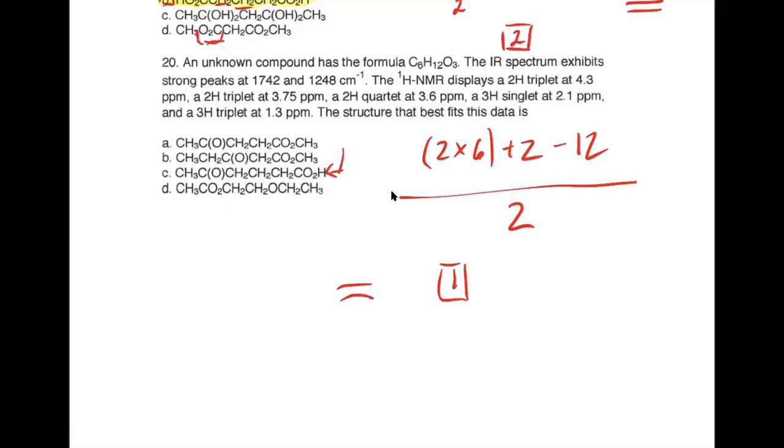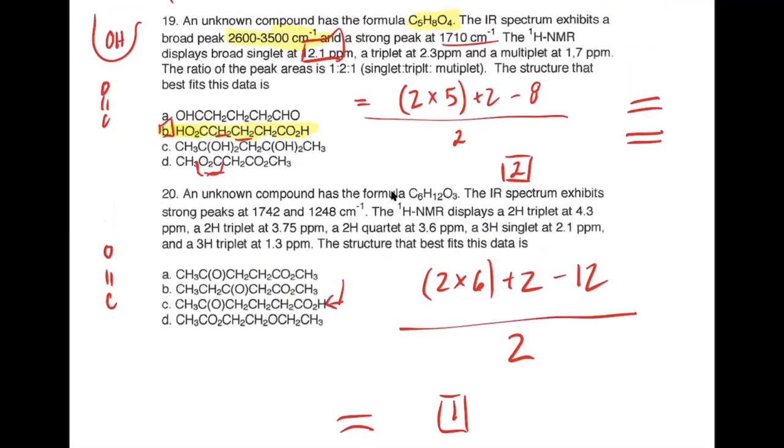So let's just continue with it as though it was a normal one this time, just to go through it. The IR spectrum exhibits strong peaks at 1742. What is that most likely going to indicate? 1742 is a carbonyl.